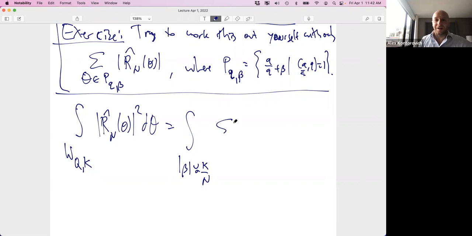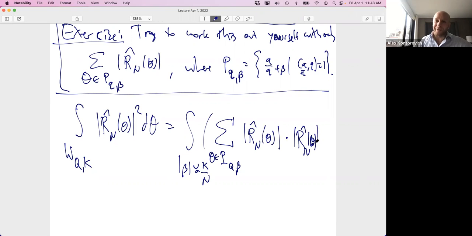So then a sum of P, Q, beta for any fixed beta, it's a sum over theta in this PQ beta, R n hat theta. We're going to get cancellation on this, and then we can use the L infinity bound. What will happen is that we'll use the L infinity bound on this. That pulls all the way out, and then we have this extra summation, and then we integrate on beta.